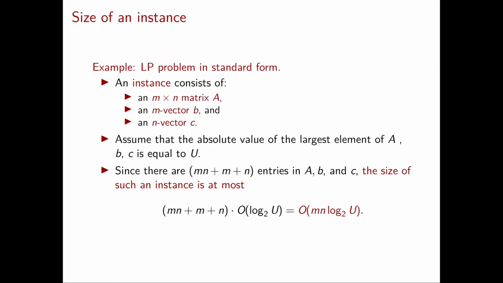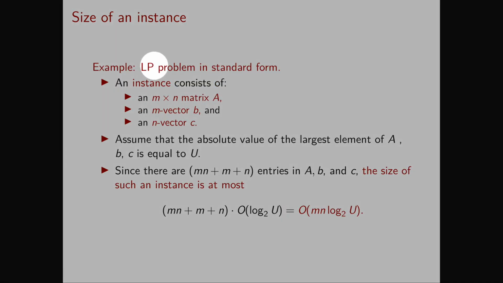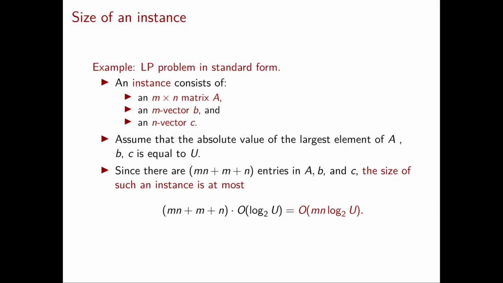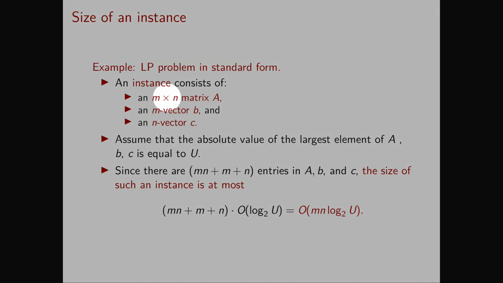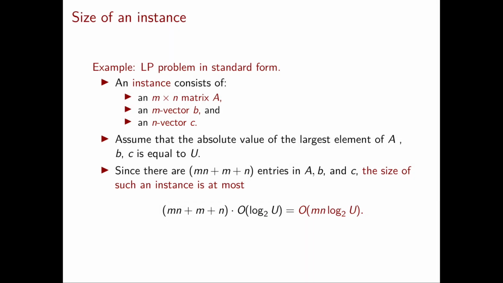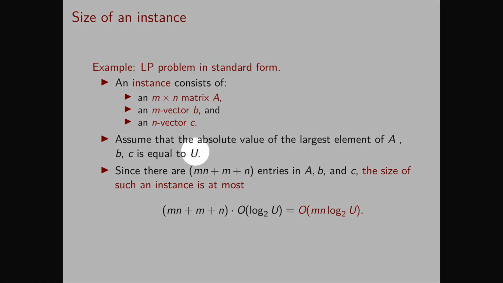Now let's see another example. We consider a linear programming problem in standard form. Here, an instance is a little bit more complicated. In fact, we have our m by n constraint matrix A, we have our m-vector of right-hand sides b, and our n-vector of the costs c. Also here, we assume that the absolute value of every element in A, b, and c is upper bounded by some number u.